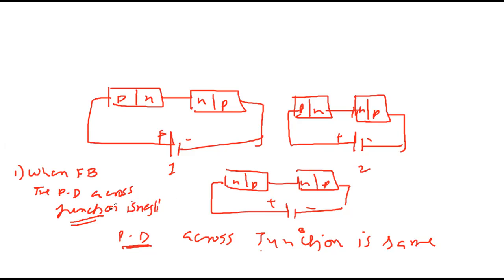Forward biased, potential difference across junction is negligible, and when reverse biased, RB, then potential difference is greater across the junction.